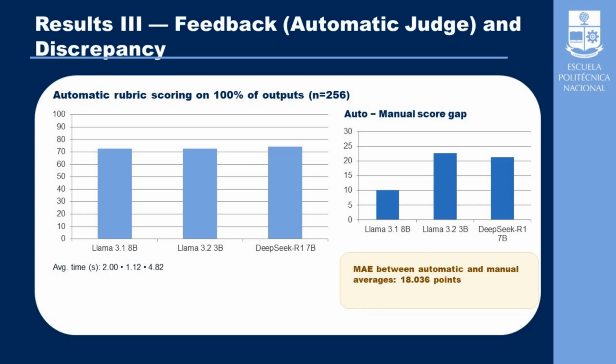The mean absolute error between the two evaluation modes is about 18 points. This is a strong empirical warning about relying solely on LLM-as-a-judge for bureaucratic feedback quality. Automatic evaluation is scalable, but it may not track human preferences for clarity, usefulness, or the avoidance of spurious findings.